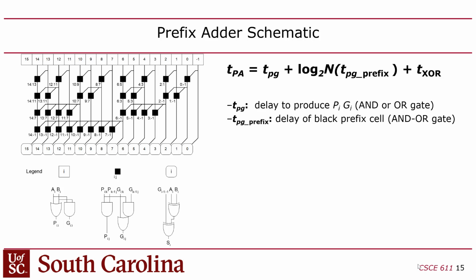There's a difference in notation though. Notice it says a sub i, b sub i, right? So that's 1 bit, 1 column. And then I get propagate i colon i, generate i colon i.